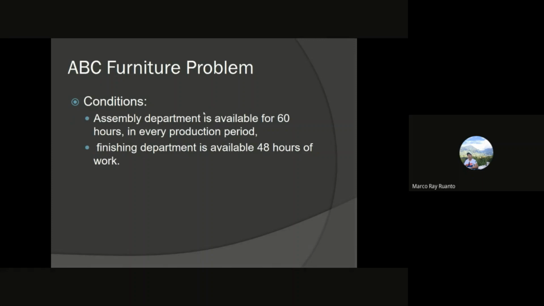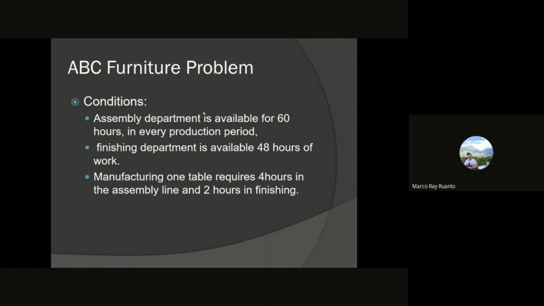Another condition is that manufacturing one table takes 4 hours in the assembly line and 2 hours in the finishing line, and one chair takes 2 hours in the assembly line and 4 hours in the finishing line. So those are the conditions.